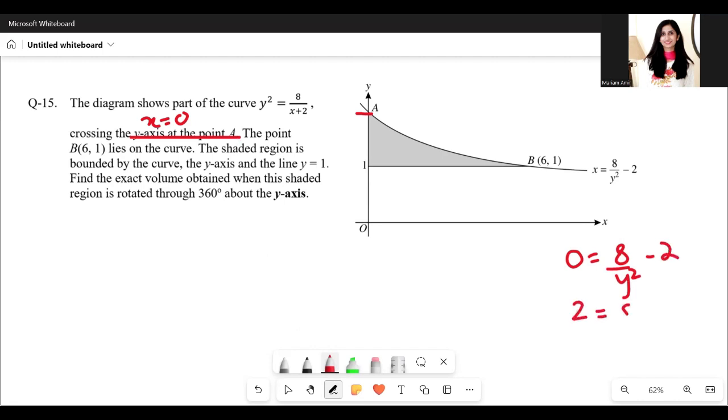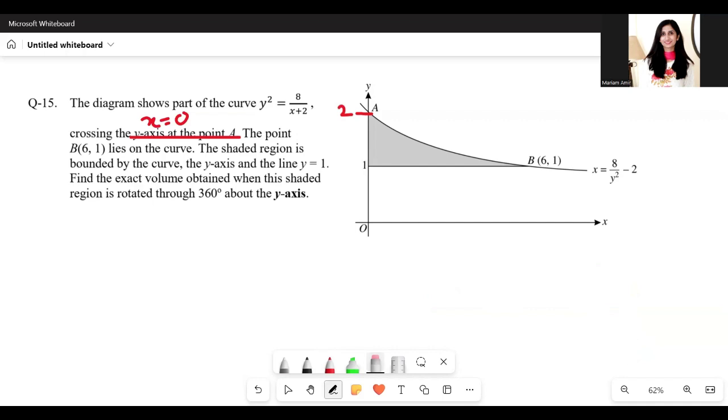So 2 equals 8 upon y squared, which gives y squared equals 4, which gives y equals plus or minus 2 after taking the square root. But we're only going to select 2 because, as we can see, A has a positive y value.